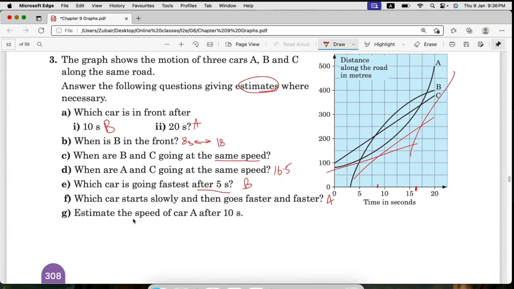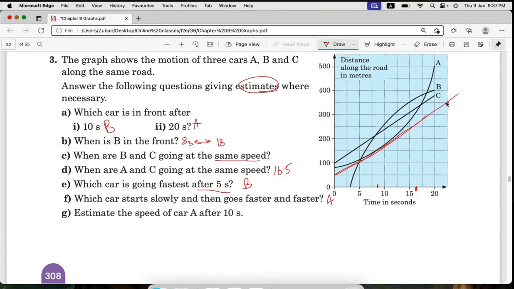Estimate the speed of car A after 10 seconds. This is 10, this is the point. You get the speed by drawing a tangent. We'll find the gradient of this tangent.